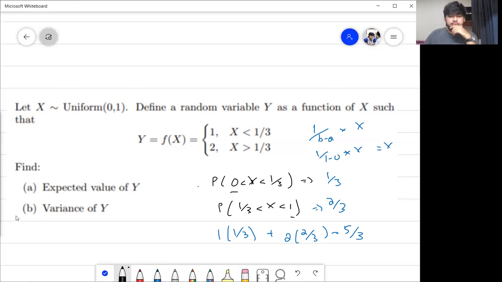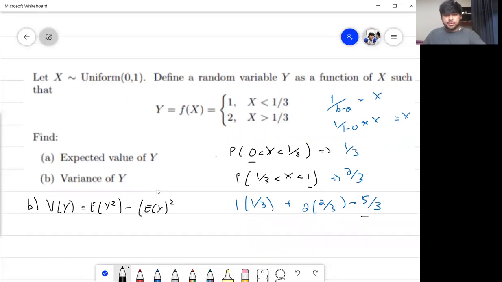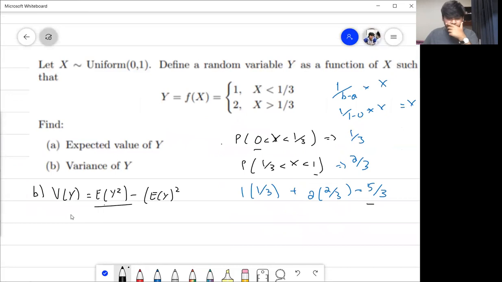Now, part B basically says I have to find the variance of y. Variance of y basically implies I have to find the expectation of y square minus the expectation of y whole square. That's pretty straightforward. To calculate this, I have to take 1 square into 1 upon 3, the probability.